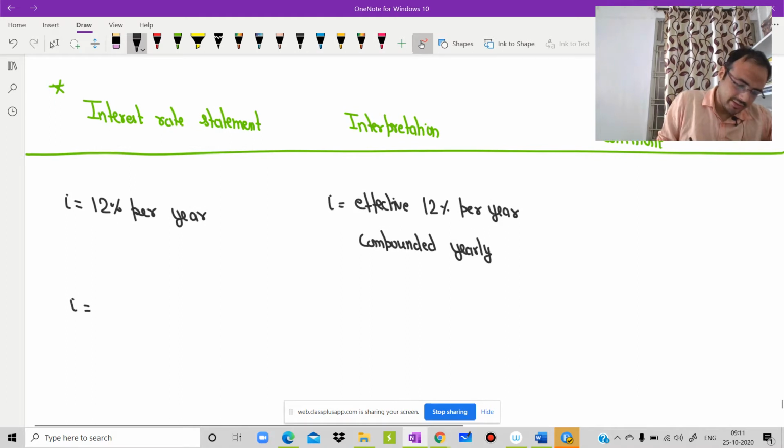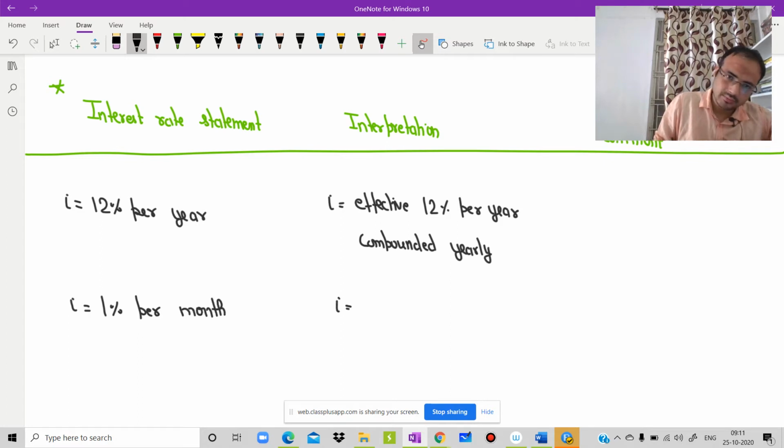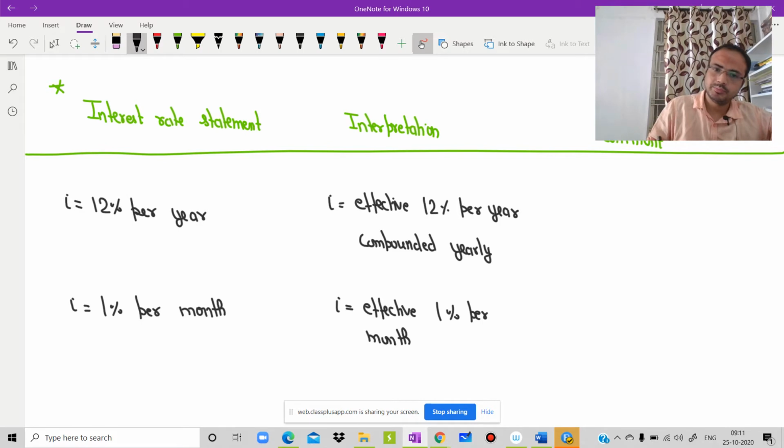If the value of I is given as 1% per month, what does it mean? Effective 1% per month, compounded monthly.